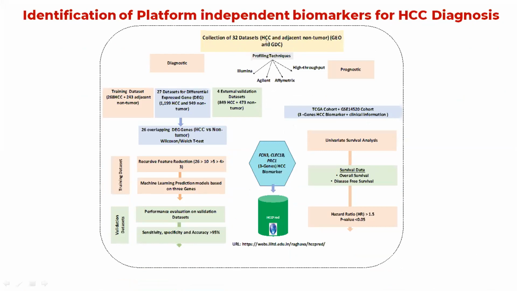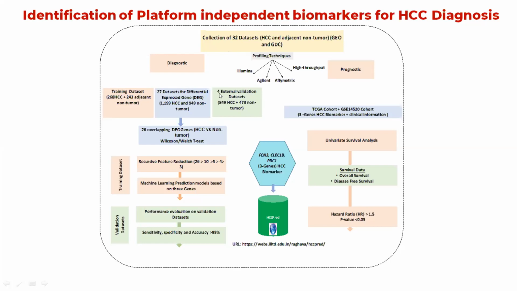All these 32 datasets were processed using different profiling techniques, that is Illumina, Agilent, Affymetrix, and high throughput. Further, we have divided these datasets into 3 categories. One for the training dataset, the second for the differential gene expression analysis, third for the external validation cohort.